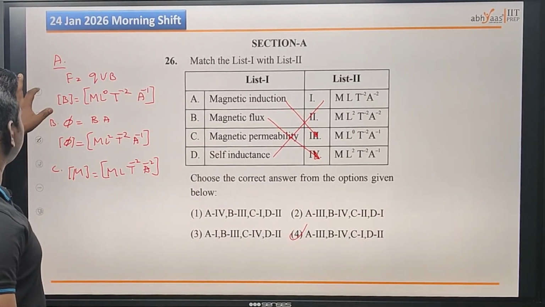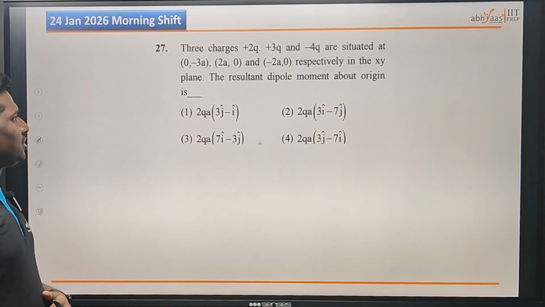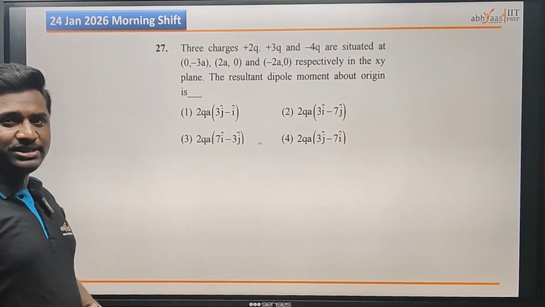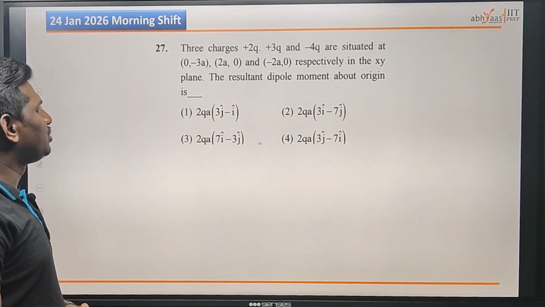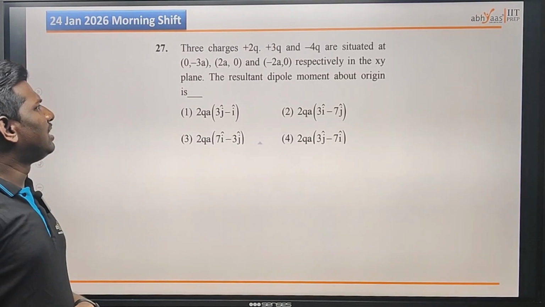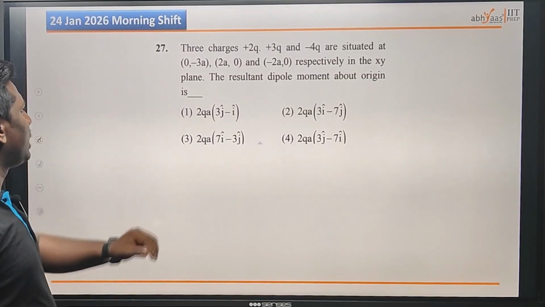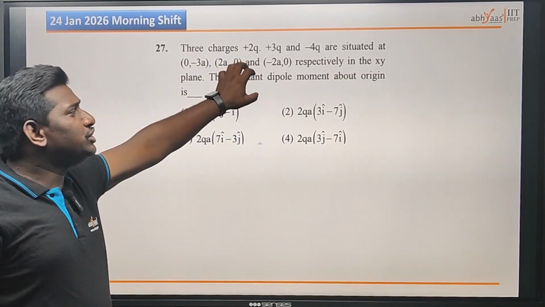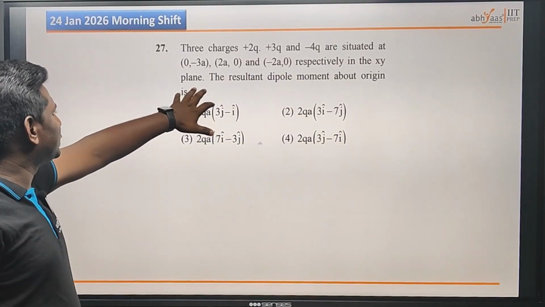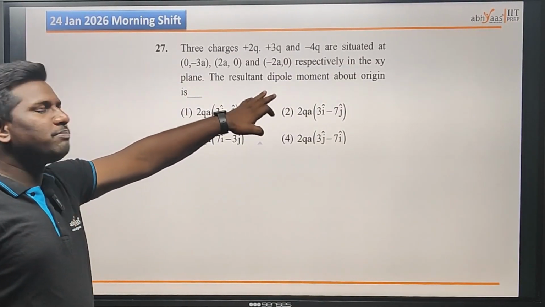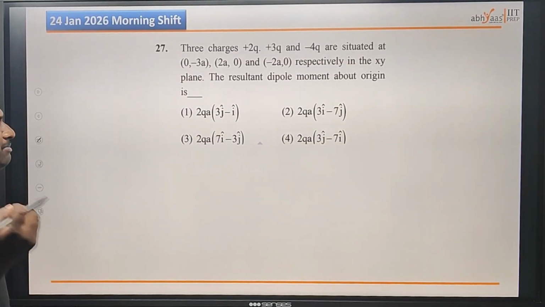So next question, see here. Question number 27. Three charges, plus 2Q, plus 3Q and minus 4Q, are situated at given positions respectively in the XY plane. What is the resultant dipole moment? What is the formula for dipole moment?